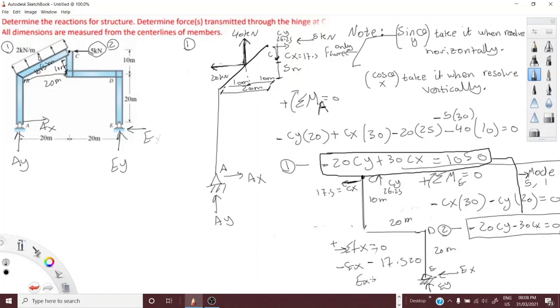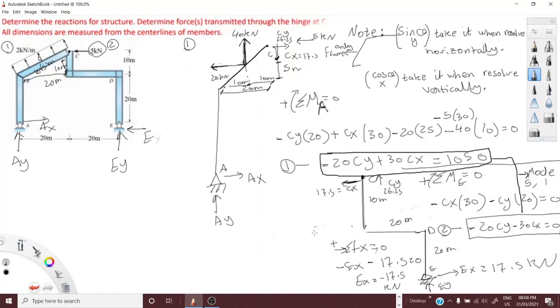Ex equal to minus 17.5 kilonewton. This should be to the other side. The other side should be equal to 17.5 kilonewton.